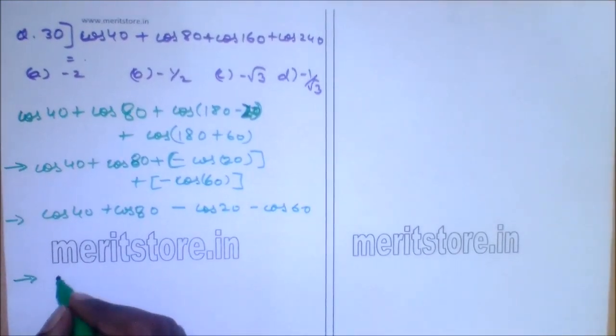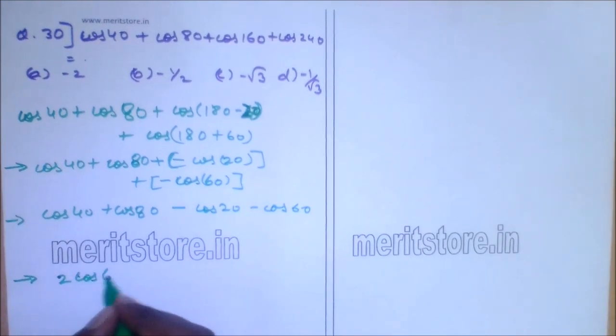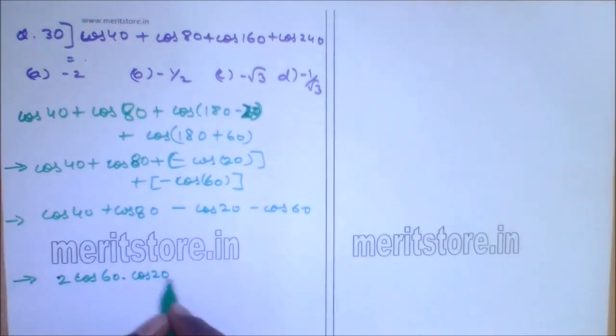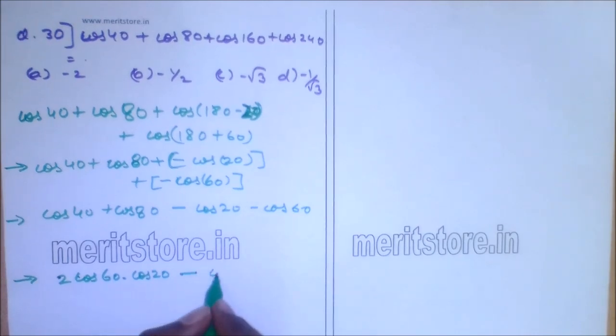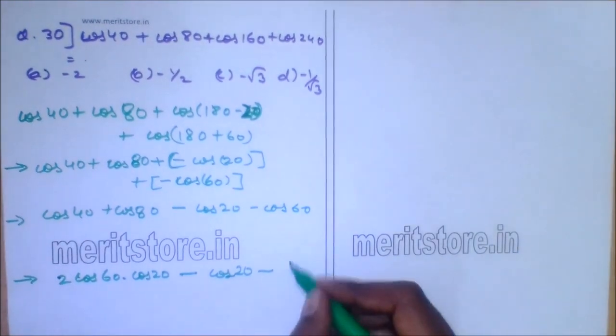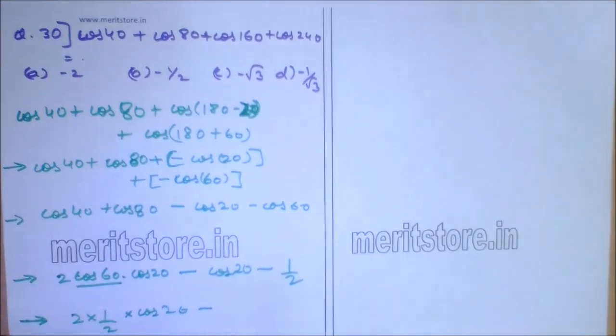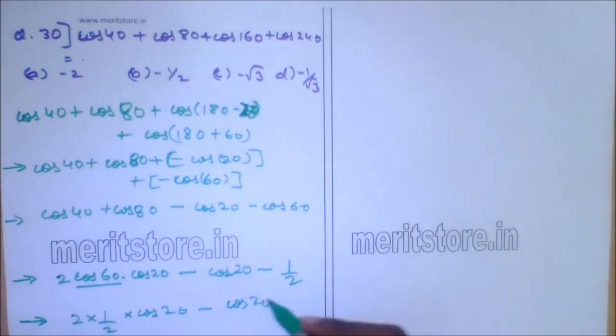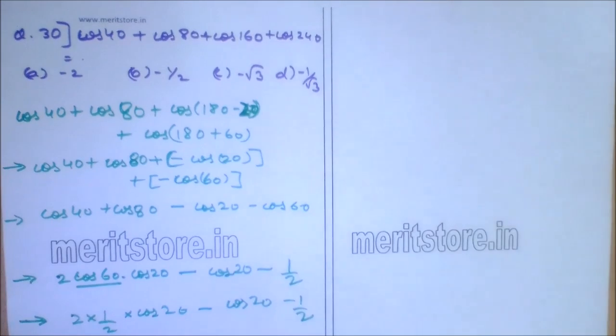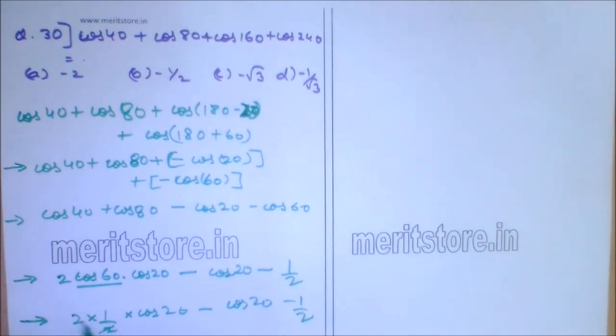So we get 2 cos 60 into cos 20 minus cos 20 minus cos 60, which is half. Similarly, we substitute half here. So 2 into half into cos 20 minus cos 20 minus half. So the 2 gets cancelled, cos 20 minus cos 20 minus half.